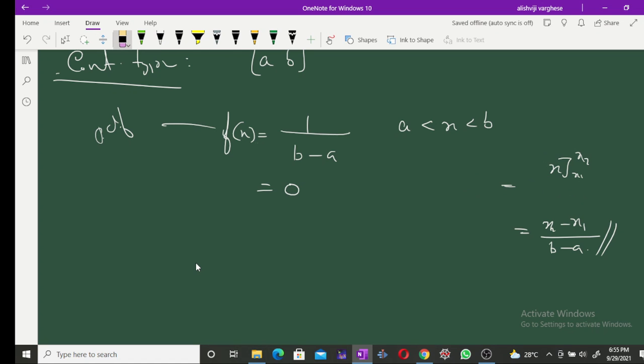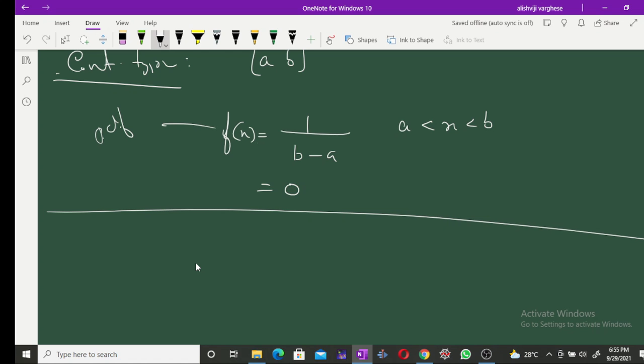So whenever the probability density function f of x says nothing about the probability, then obviously the value is equal to 0. Anyway, for these two probability density functions, we can find out the cumulative distribution function F of x. We can verify the properties like f of x is always positive, summation for all values of x, f of x is equal to 1.